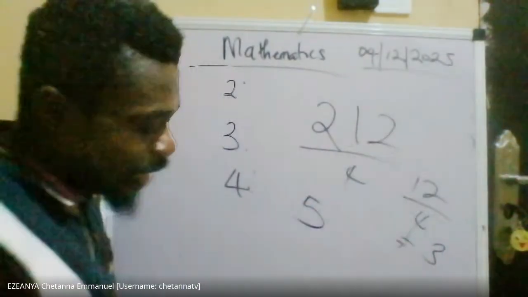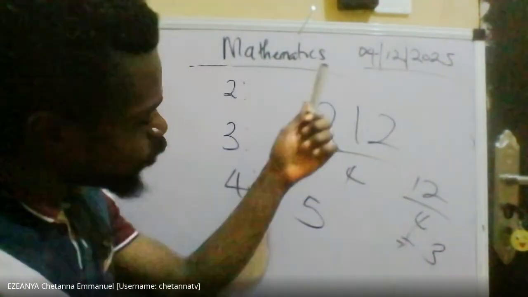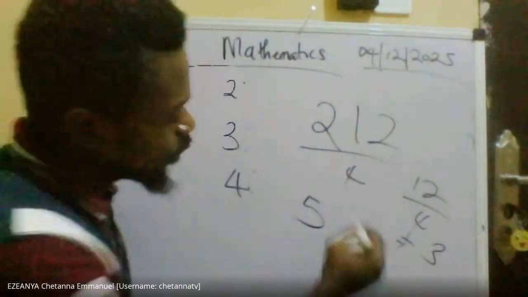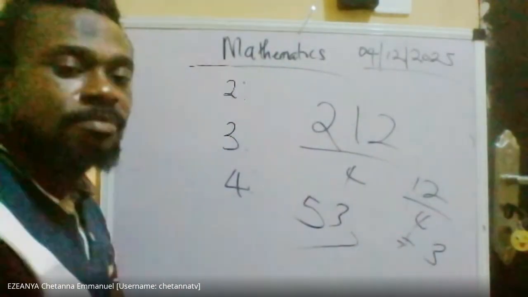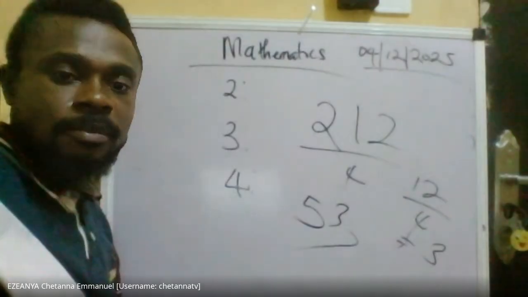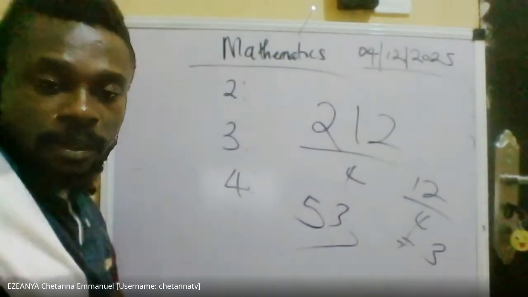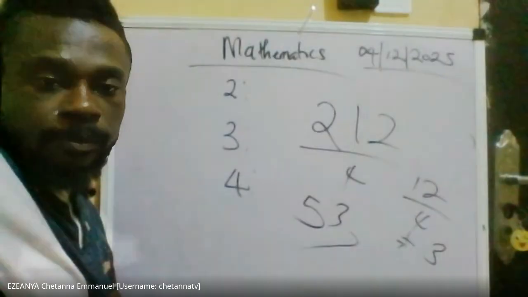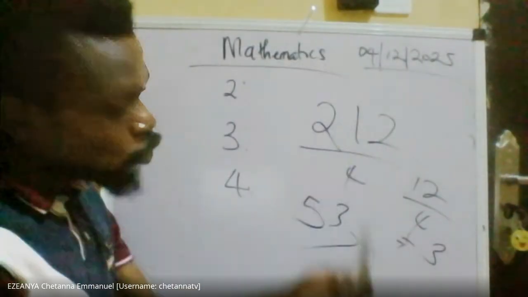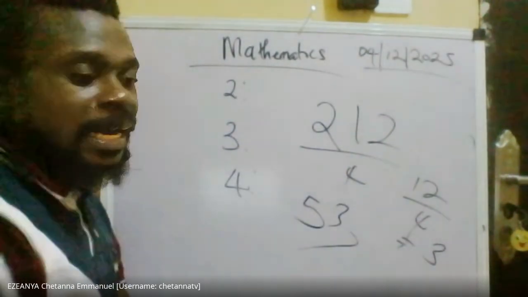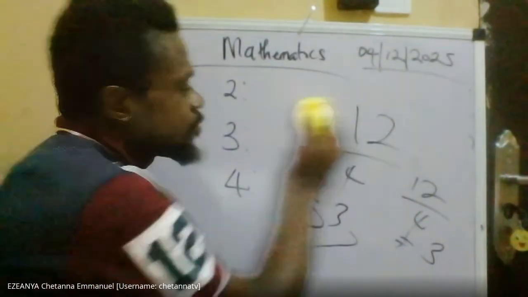You multiply by the base, which is 10. 10 times 1 is 10. 10 plus this 2 is 12. 4 divided into 12 is what? 3. Are you with me? Yes. So that means 212 is divisible by what? 4.